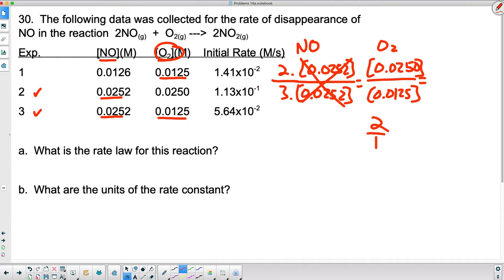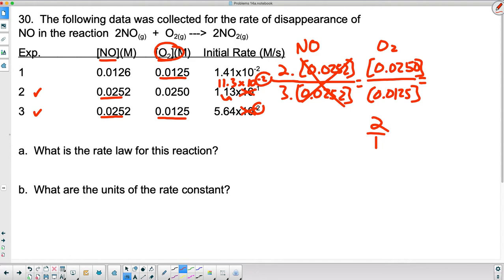Now take a look at this. For the rate in experiment 2, I'm going to move the decimal point one place to the right so that I get 11.3 times 10 to the negative 2. The reason I did that was so that I have negative 2 and negative 2 for both of those. So now I can just take a look at the numbers and forget about the times 10, because I'm going to divide them.